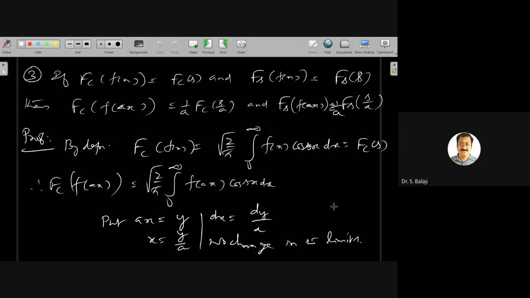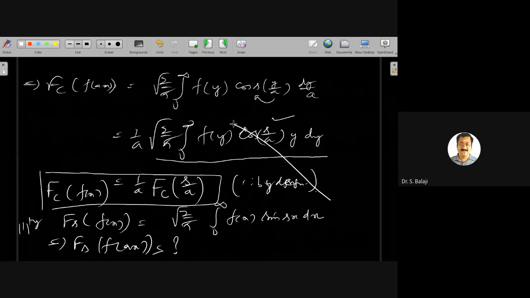Correct? Substitute everything here: f of y cos s of y by a, dx as dy by a, no change in the limits. Therefore, root of 2 by pi integral 0 to infinity f of y cos s of y by a dy by a.